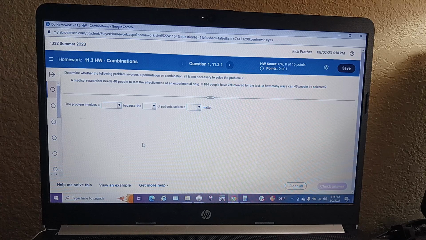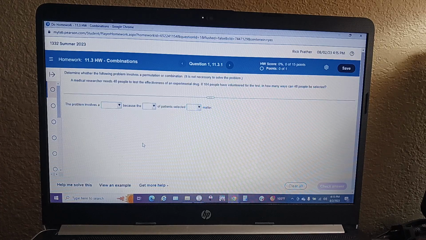Now, sometimes it's hard to tell if order matters or not. So another way to tell is, are you treating these people differently or not? Or whatever they are, the objects or the people. Are they being treated differently or are they being treated similarly? Well, this is a medical research of an experimental drug, not multiple drugs. If we were doing something like, what's better, aspirin A or aspirin B or aspirin C, and we had different medicines, then we'd be treating the subjects differently, because people would be getting different medicines.